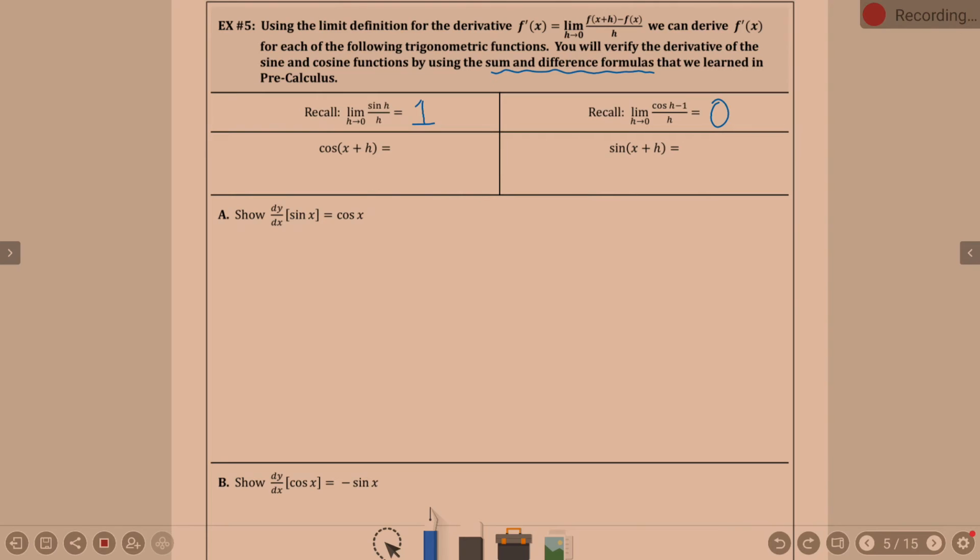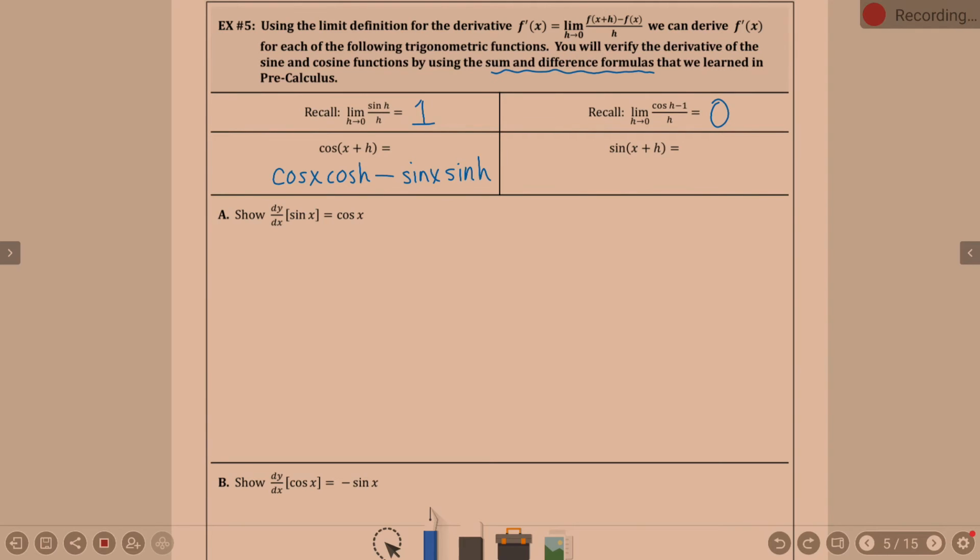So with cosine, cosine is the one that starts cosine cosine. And so cosine of x plus h is cosine x cosine h. Cosine is the one you change the middle sign, and so then it's going to be minus, and then we use sine sine. So sine of x, sine of h. That is one of our pre-calc identities that does randomly show its head. So sine of x plus h is the one that goes sine cosine, and then cosine sine.